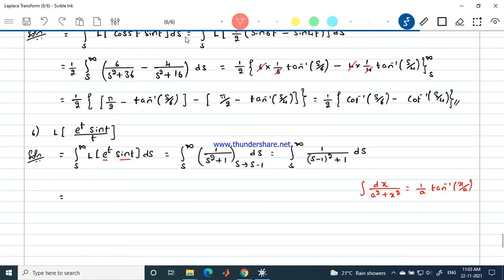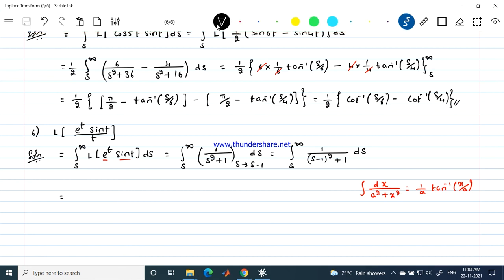So I will rewrite this one as integration s to infinity d of s minus 1. D of s minus 1 is differentiation of s minus differentiation of 1, that is 0, divided by s minus 1 whole square plus 1.